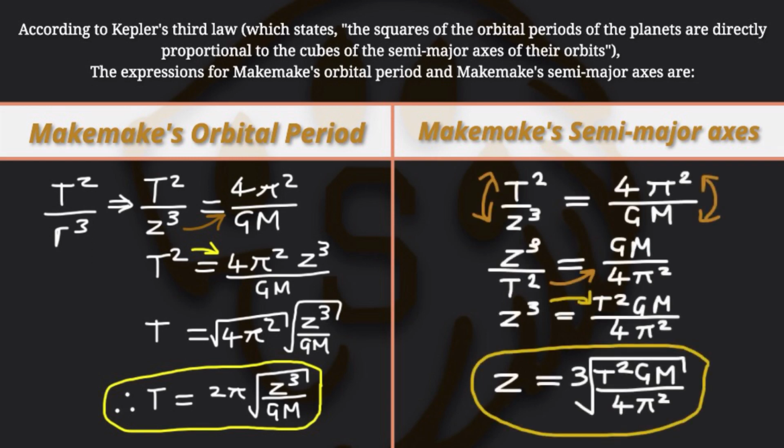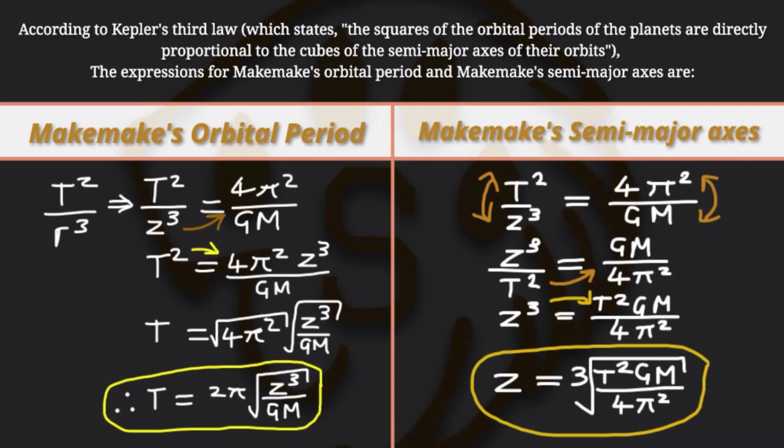And then we move on to the semi-major axis. We want to make z the subject of the formula. We do the same movements, but now we just switch things a bit. Instead of taking one variable straight to the other side of the equal sign, we invert the fractions.